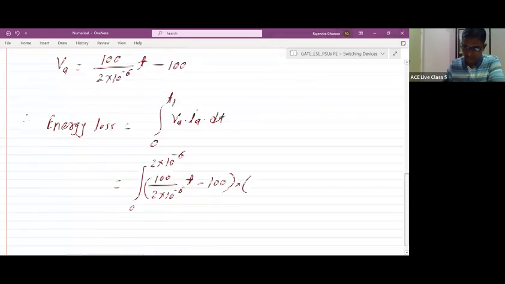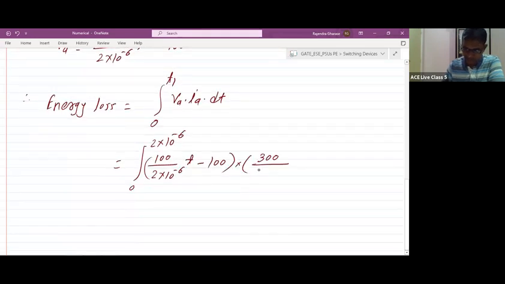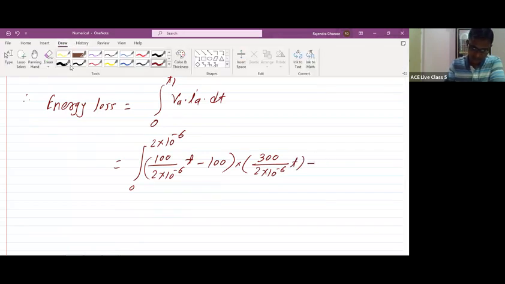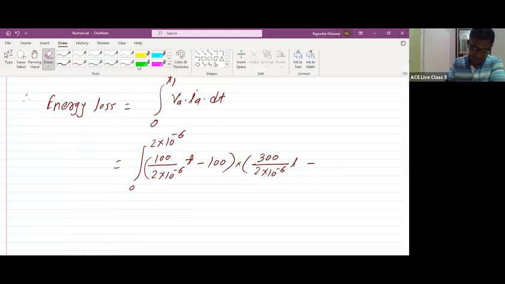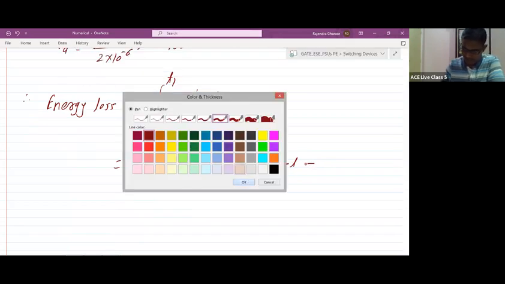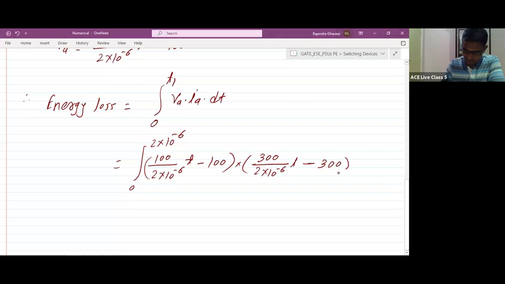IA is 300 upon 2 micro into t minus 300, into dt. Now we can simplify it.